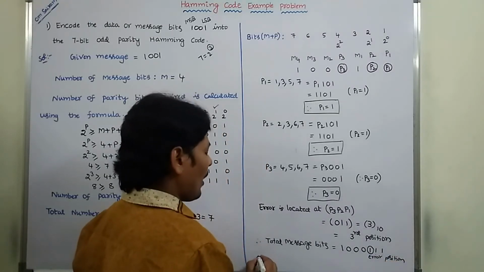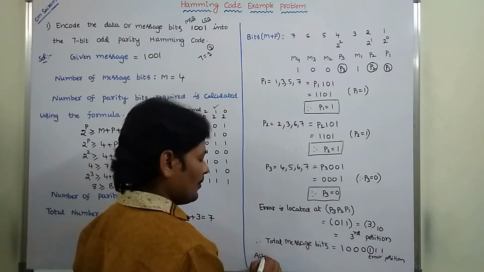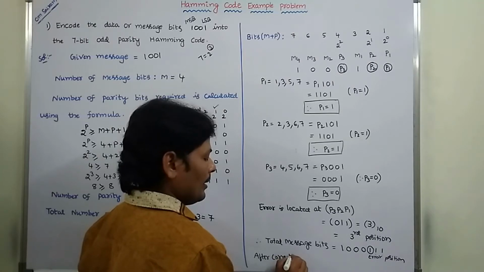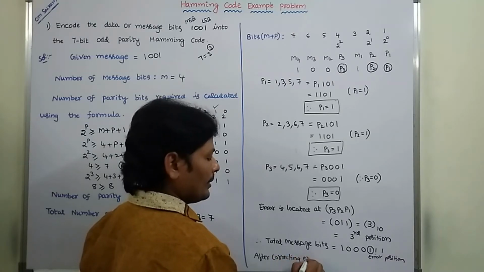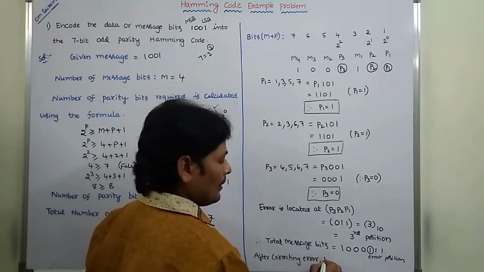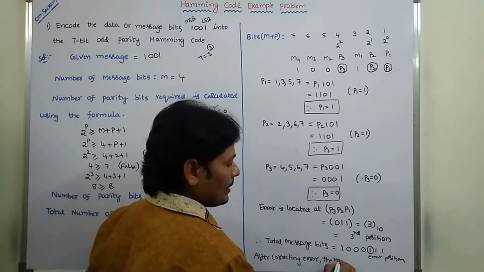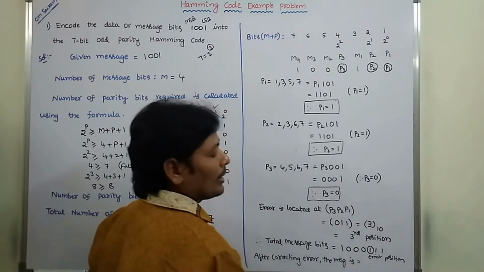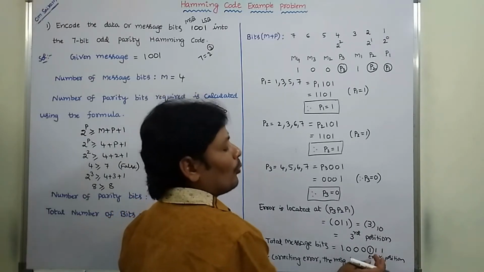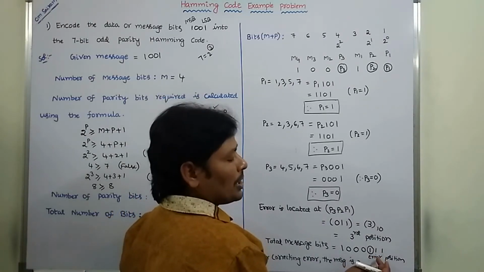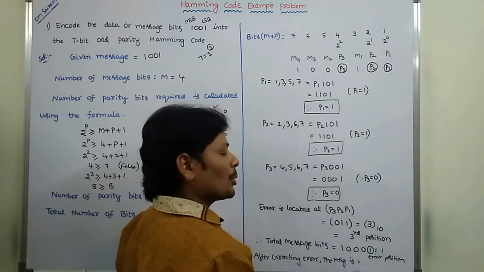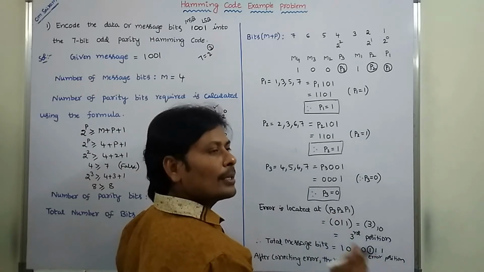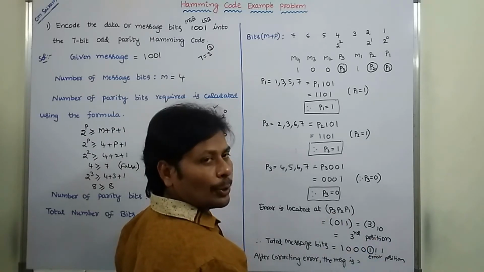After correcting the error, the message is as follows. Correcting means whenever the error position is detected, whatever bit is there can be changed from 0 to 1 or 1 to 0.